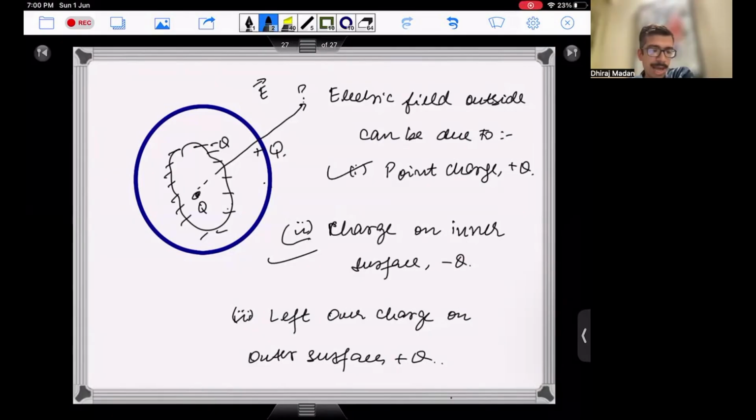And on the outer surface, at least the surface is spherical, but I do not know whether the distribution on it is uniform or not. I just know there is a leftover charge of plus q. So what's the distribution? I do not know, and without that, it might be difficult to compute the electric field.